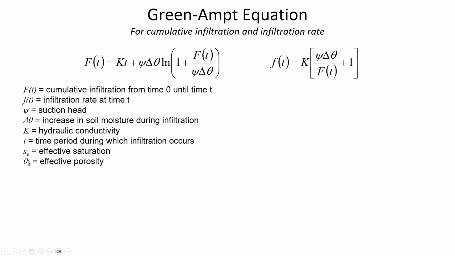Some of the other terms in here are soil characteristic terms, like, for example, suction head. We've looked at a table that compares the suction head of sand to the suction head of clay.